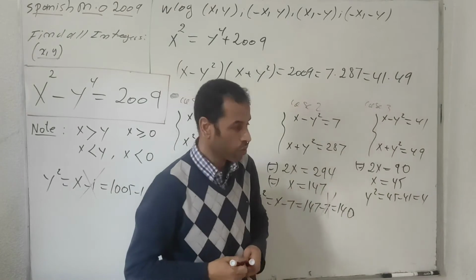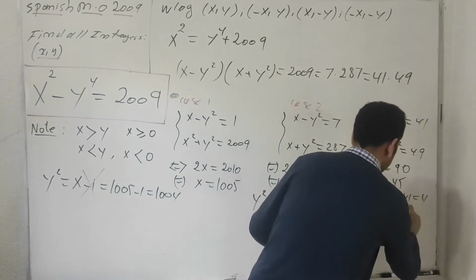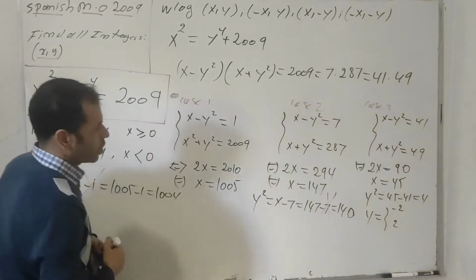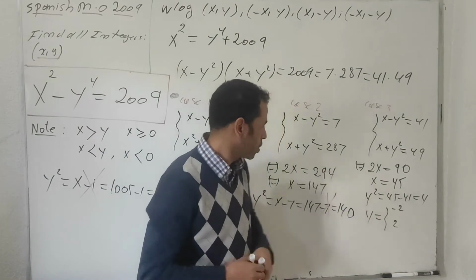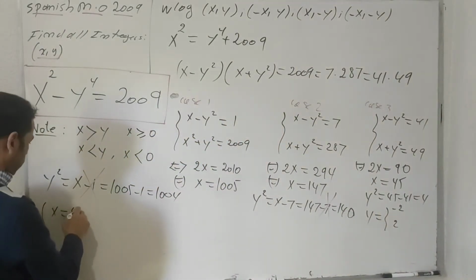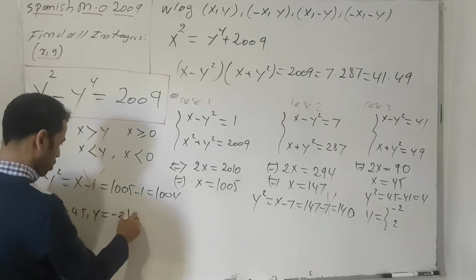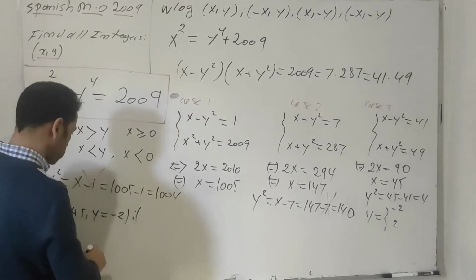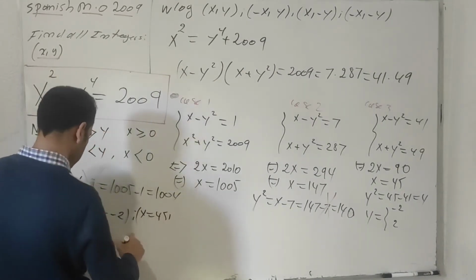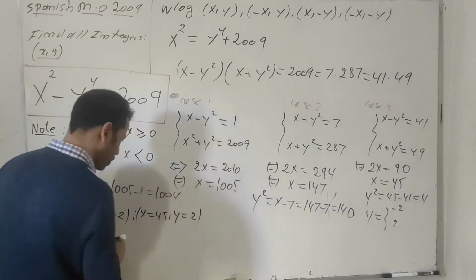This is a perfect square, so I will have two solutions, y equals minus 2 or 2. So x equals 45 and y equals minus 2 is the first solution, and the second solution is x equals 45 with y equals 2.